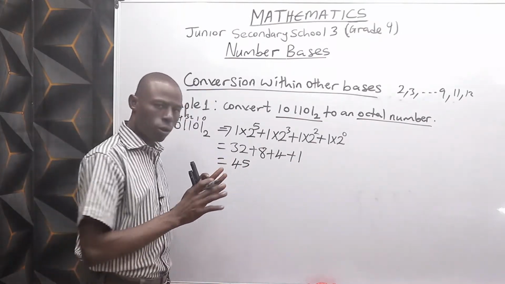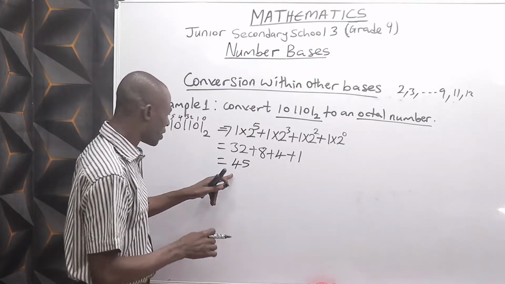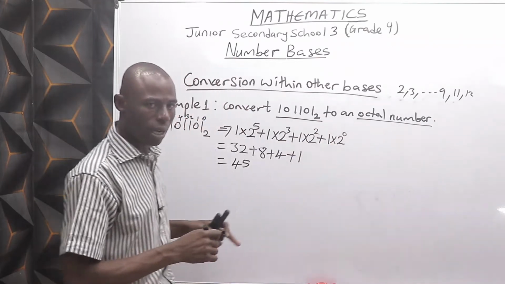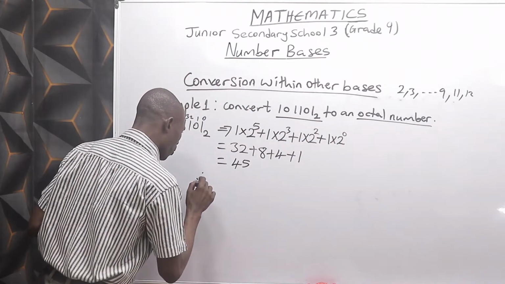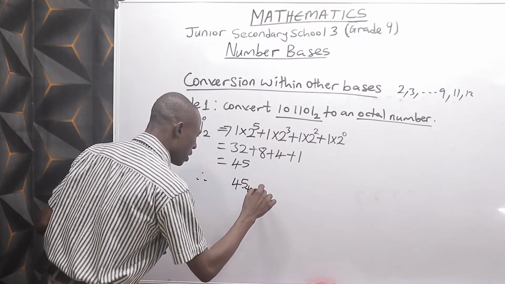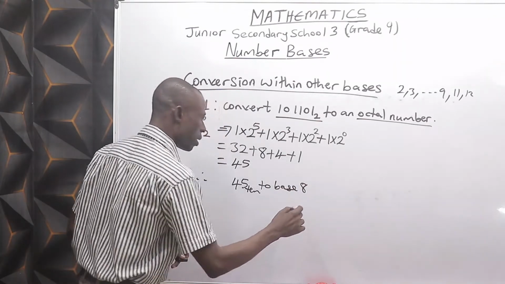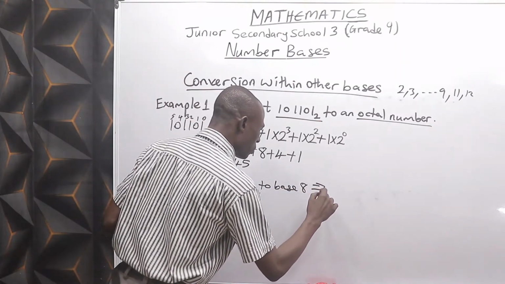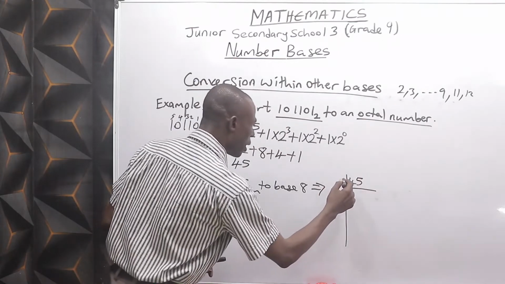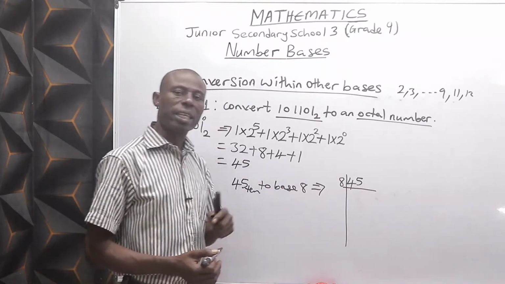That is a juncture. From that juncture, you convert it to the required base 8, octal. So you now write, therefore, 45 base 10 to base 8: you write 45 divided by 8, because you are converting it to base 8.